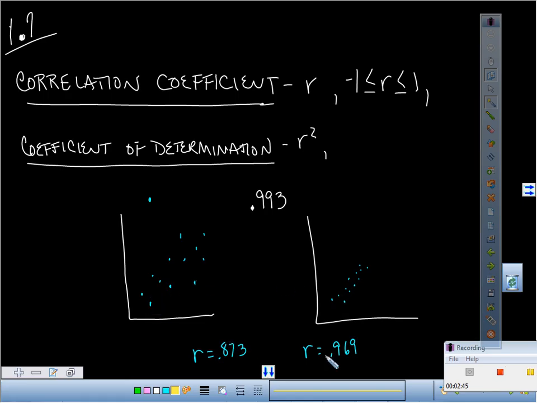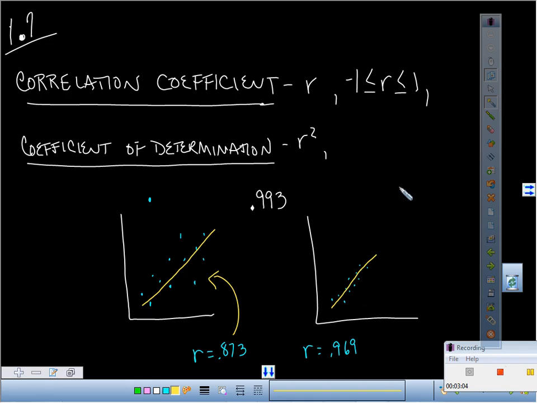Positive correlation, that's why my R's are positive. If you drew the line of best fit, it'd be somewhere up through the middle. This one's R? His points are not as close to the line, so his correlation coefficient is not going to be as high as this one. This is a tighter fit. My points are closer to the line. Everybody remember that?